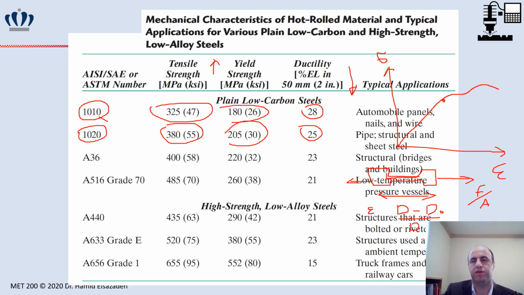Up to here is elastic behavior, then we have plastic. This is the strength of the material. When you add carbon, this strength goes up, but ductility is going to be lower.